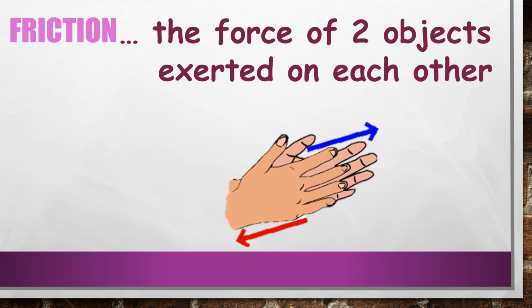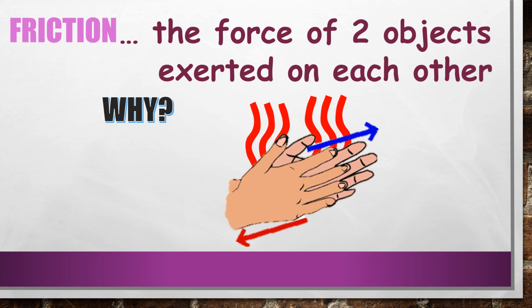For example, we've all done this little science experiment proving that friction exists, right? When we rub our hands back and forth, we're going to create heat. The faster I rub my hands back and forth, or the harder I push when I'm rubbing my hands back and forth, the greater the heat is going to be.